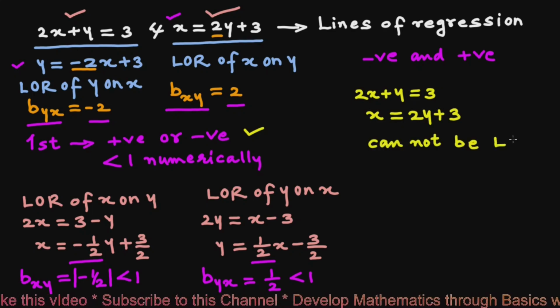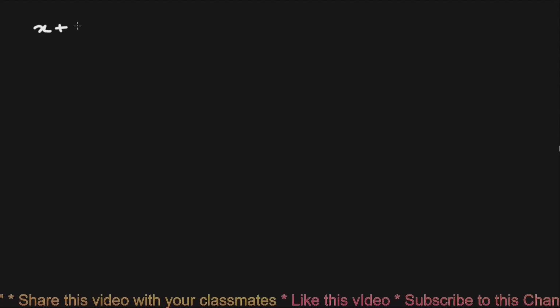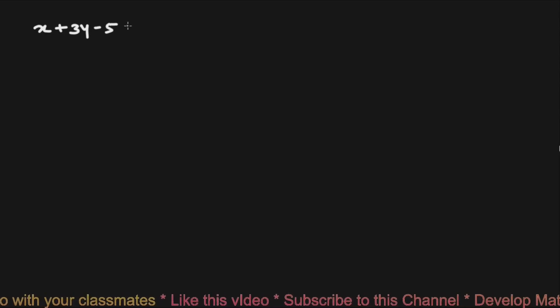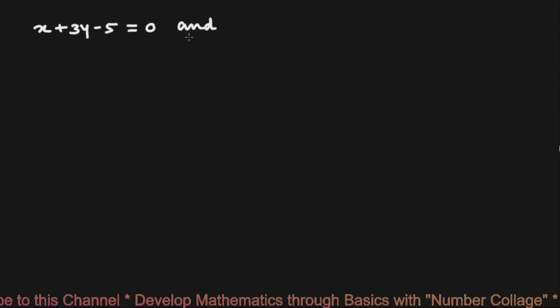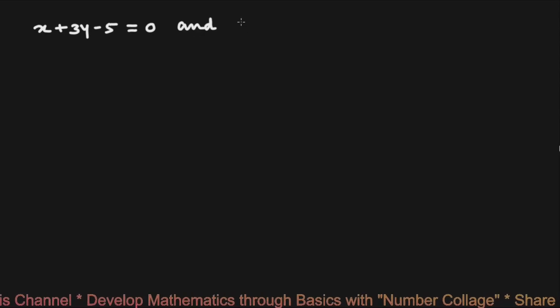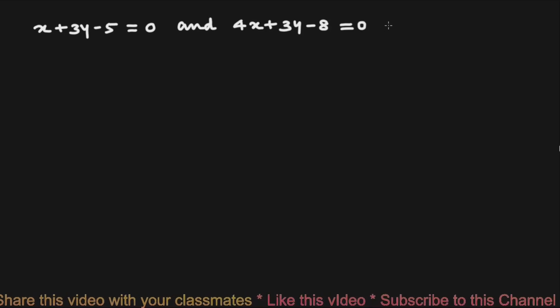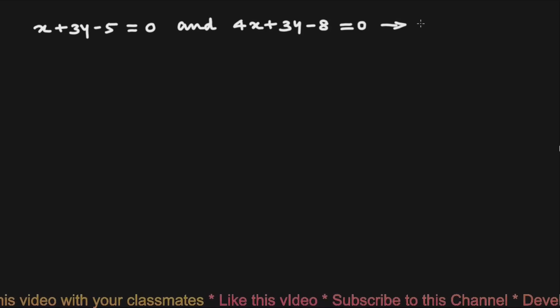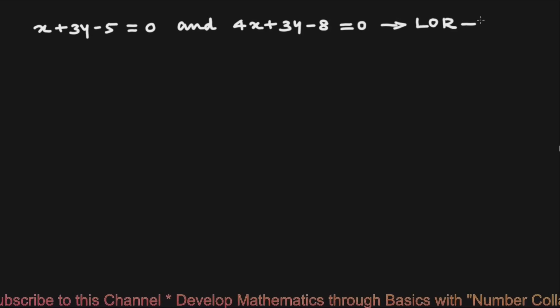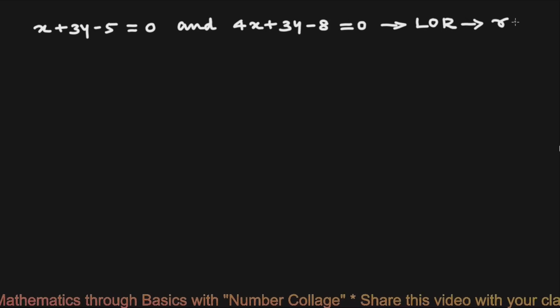x plus 3y minus 5 equals 0 and 4x plus 3y minus 8 equals 0 are the two lines of regression. We have to find the coefficient of correlation r.